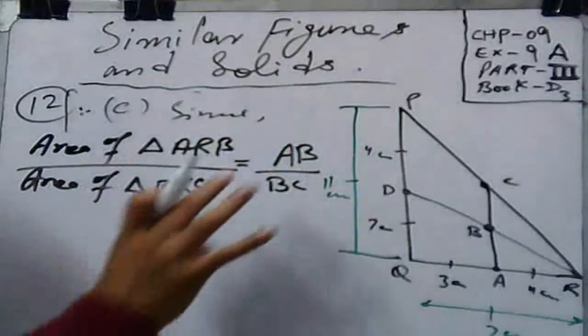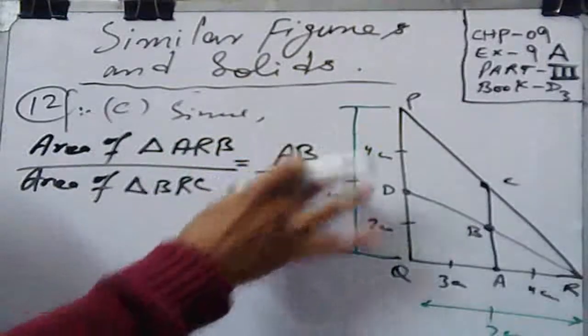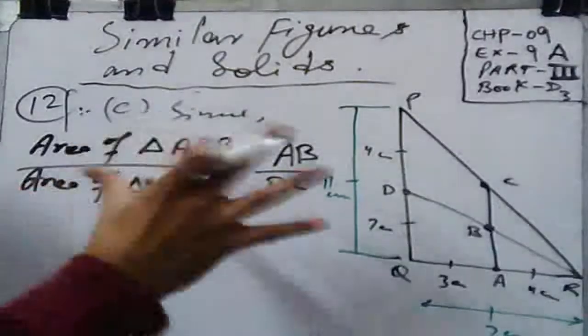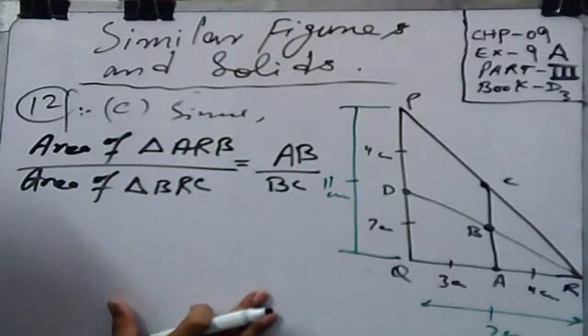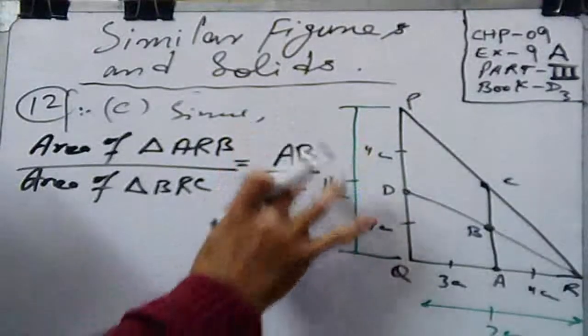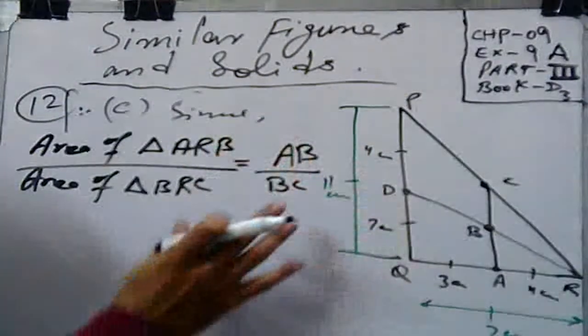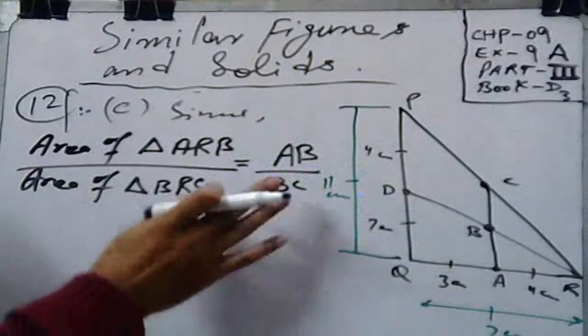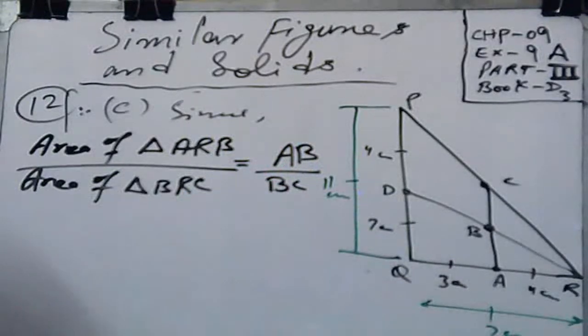So both triangle areas are compared with the length. We are not taking the square of these lengths. In previous lectures we took the lengths L1 L2 and took the square of it. Why have we not taken the square?